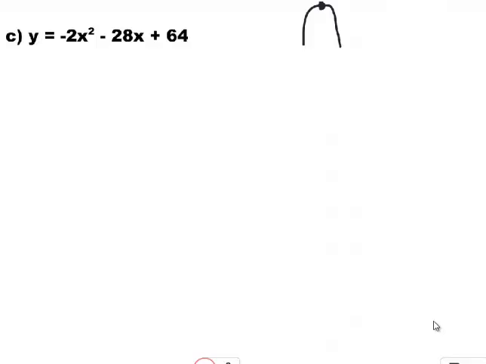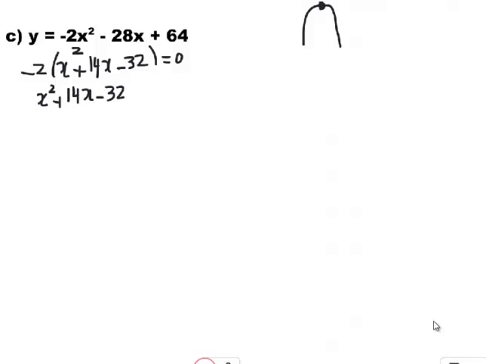I'm going to factor out negative 2, so this becomes negative 2 times x squared plus 14x minus 32. And because we are supposed to find the zeros, I'm going to make it equal to 0.